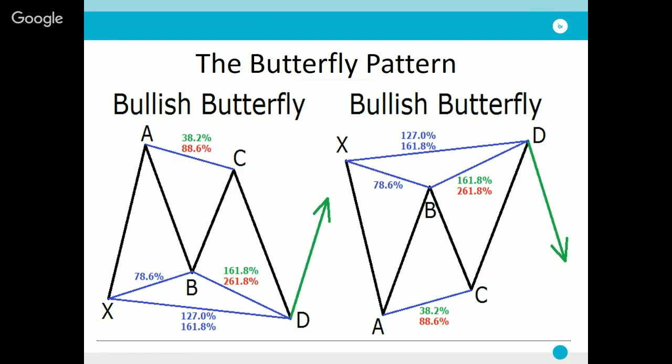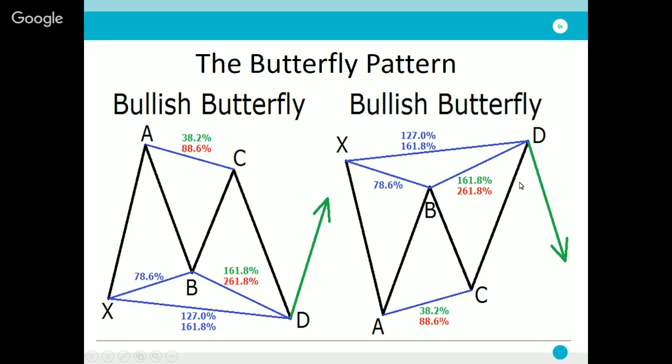So the basis of this pattern, if we look at the bullish version, is that we have an initial XA move in price, a correction higher, which completes into the 78.6% retracement of the XA leg, followed by a retracement lower between the 38.2 and 88.6% retracement of the AB leg, and then one final push higher that actually eclipses the high of the initial XA leg.